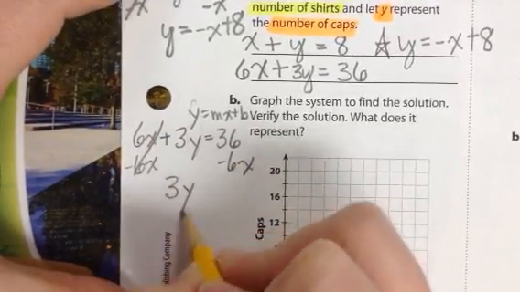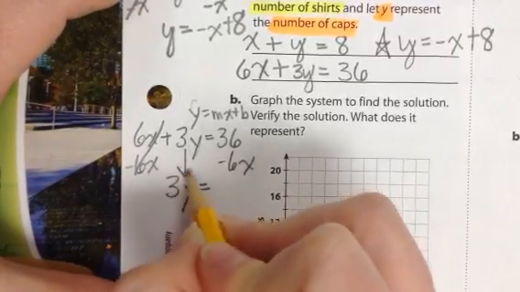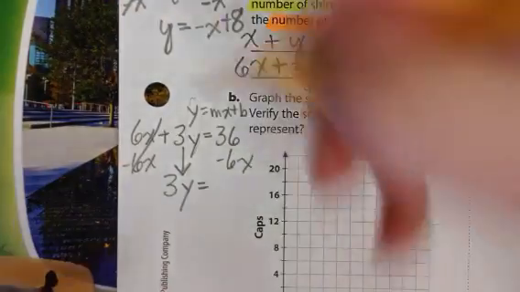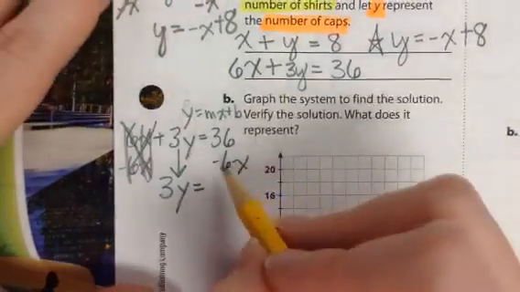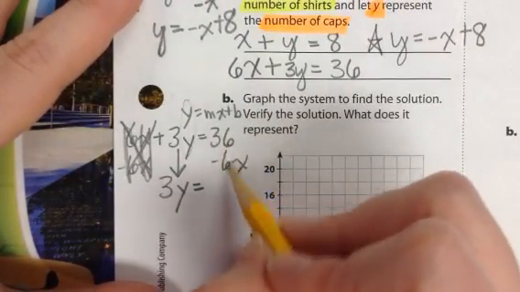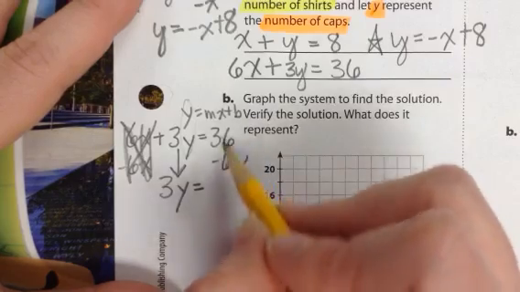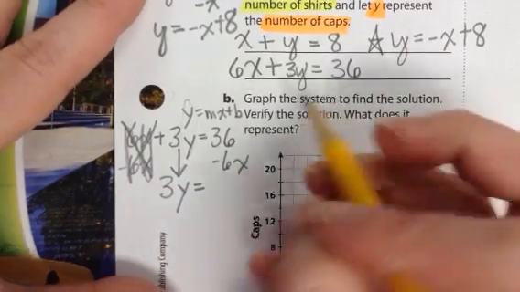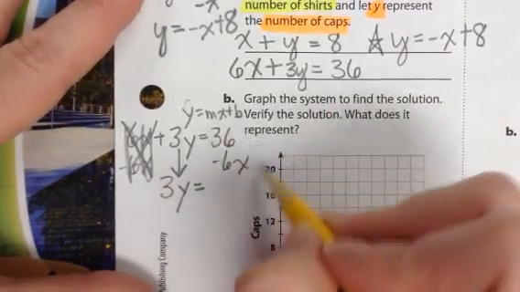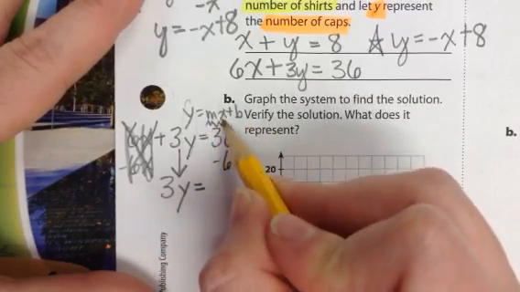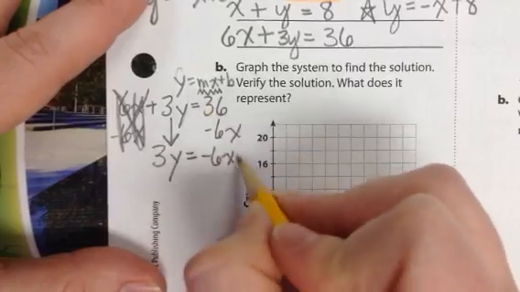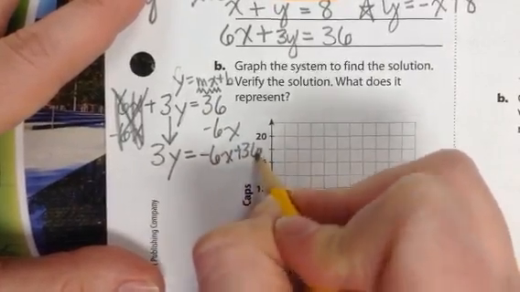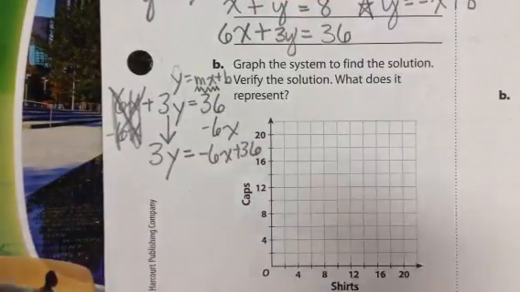So 3y equals, because I just brought him down. He's still there, because whenever I canceled, it was just this. I have to pick which one of these goes first, because this one doesn't have x's, so I can't subtract it and get like a 30. It doesn't work. They're different. Keep them separate. The x term happens first. So I'm pushing that positive 36 to the back of the equation.